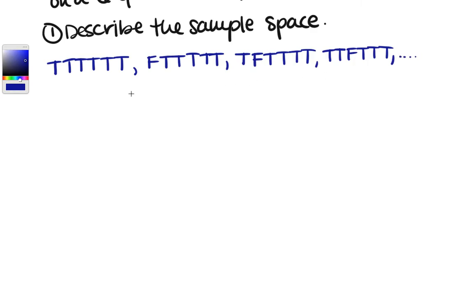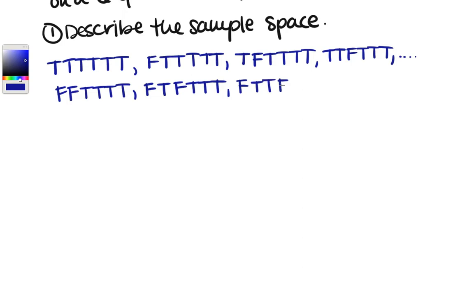And so on, okay? You could have 2 false, and those could be arranged in any order. So true, false, true, true, all the way down to true, true, true, true, false, false.